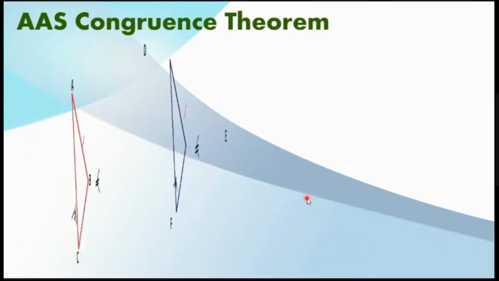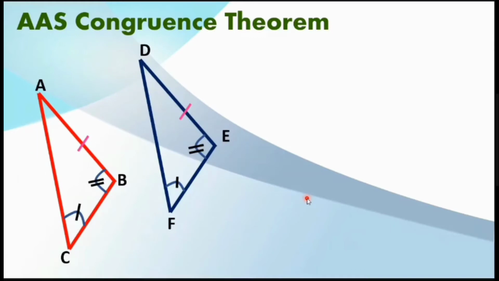Suppose we have two triangles here. The first triangle is named triangle ABC, while the second triangle is named triangle DEF.